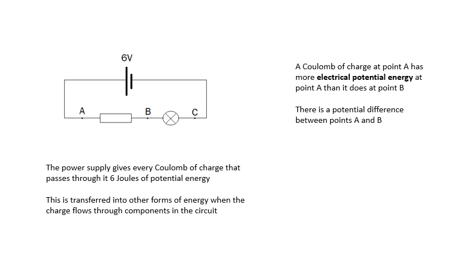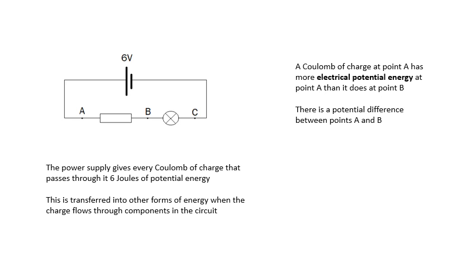Now, looking at this circuit, hopefully that will help you understand what's going on here. Remember that current is the flow of charge, and you have coulombs of charge flowing round this circuit anti-clockwise.